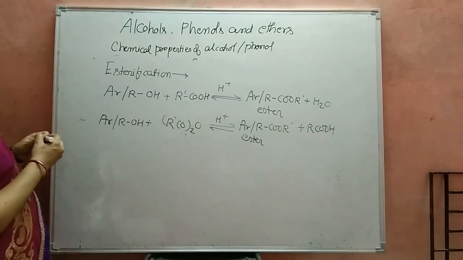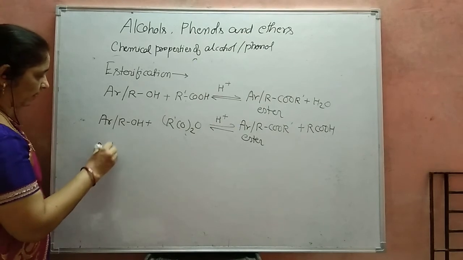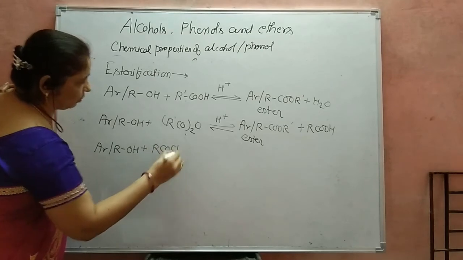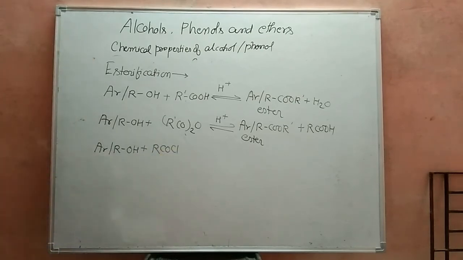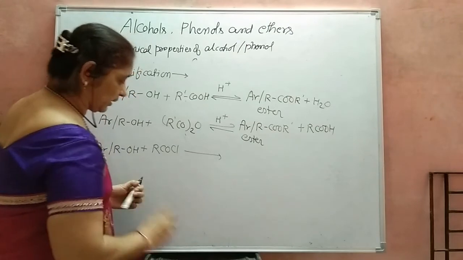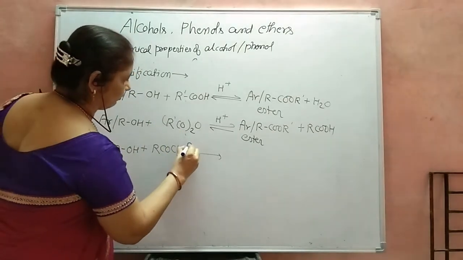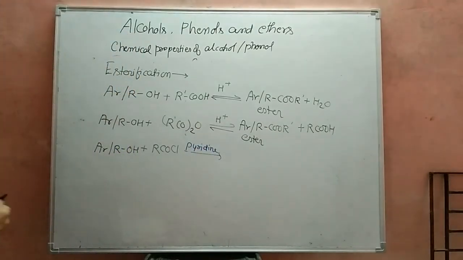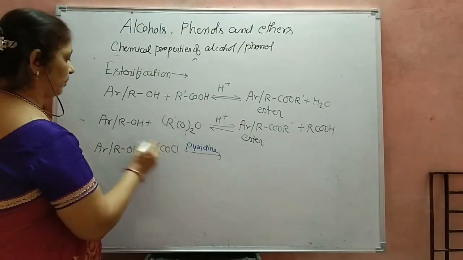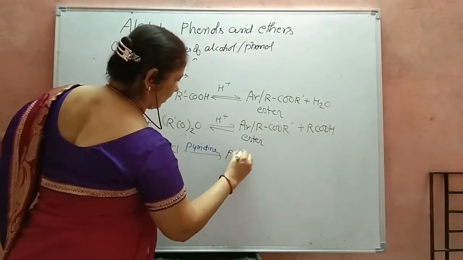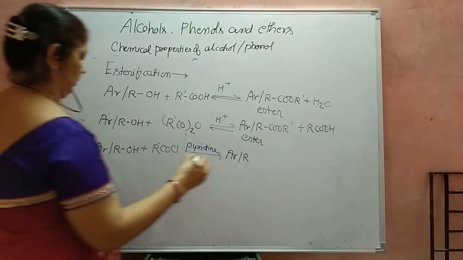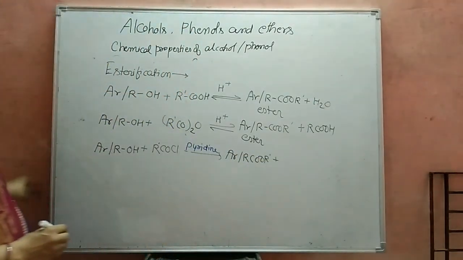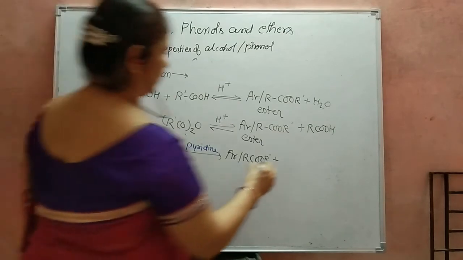Now suppose this reacts with RCOCl, acyl chloride, but this reaction in the presence of pyridine. So here the compound formed is ArOCOR plus the byproduct formed is HCl.